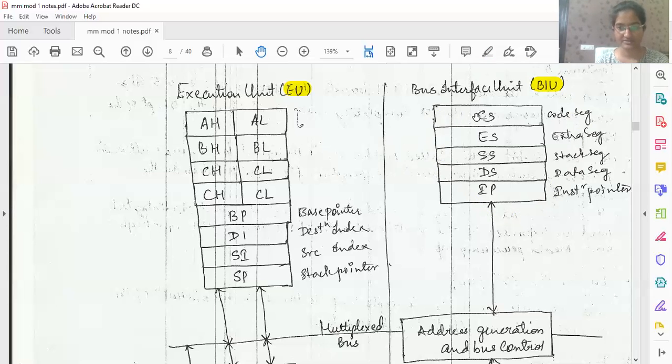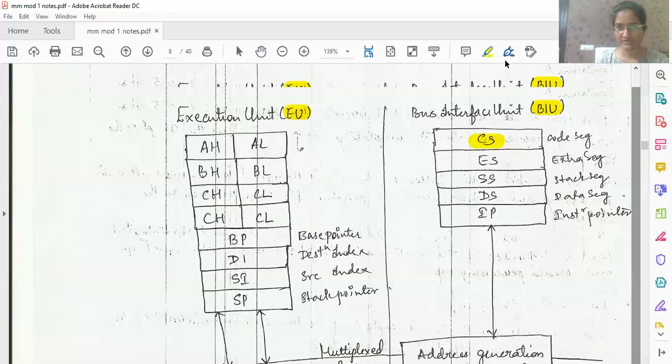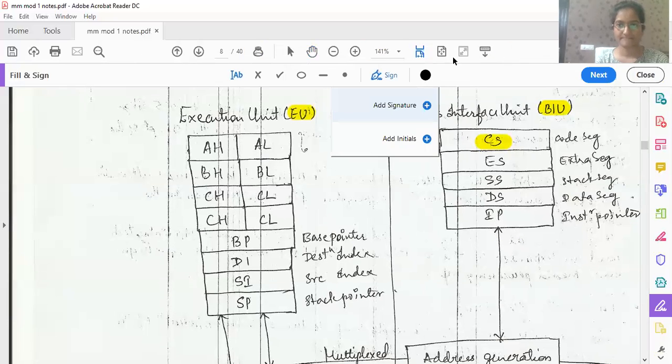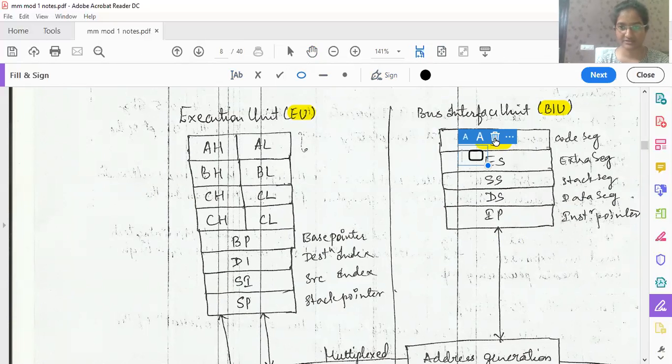Code segment register, as you can see here, then you have extra segment register.